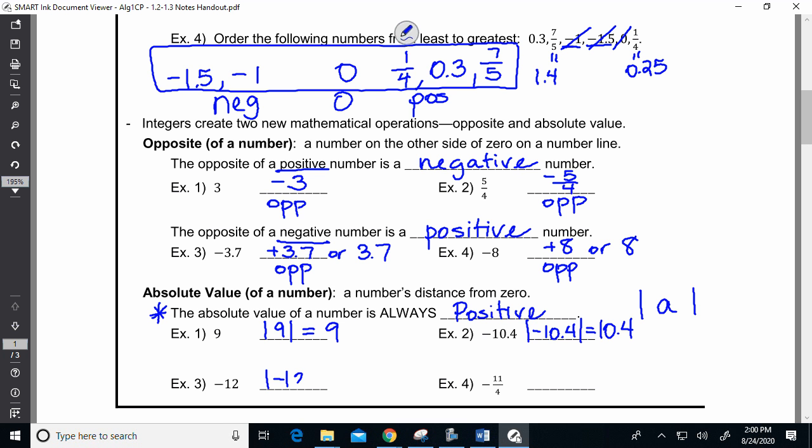The absolute value of negative 12 is 12, because 12 units away. And the absolute value of negative 11 over 4 is positive 11 over 4. So anytime you have absolute value, the answer turns to positive. If it's positive, it'll stay positive. If it's negative, it's going to turn to positive.